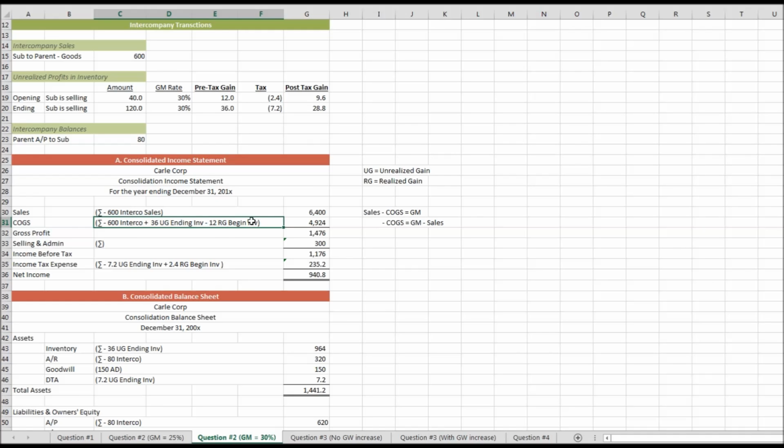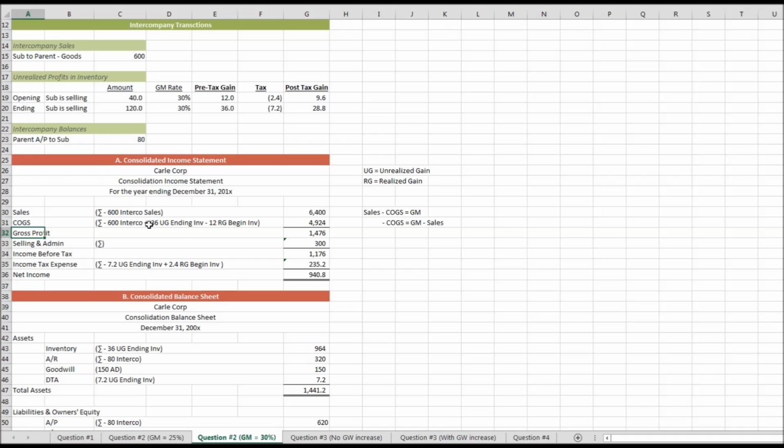So right here, this $12 right here is a realized gain, and that's why it is realized. So that's taken from right over here. So this $12 is subtracted from cost of goods sold, and if we're subtracting an amount from cost of goods sold, it's going to increase our profit. So they're realizing this inventory over here because it's increasing our gross profit.